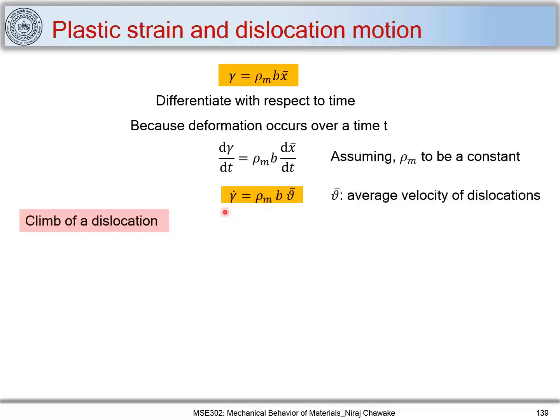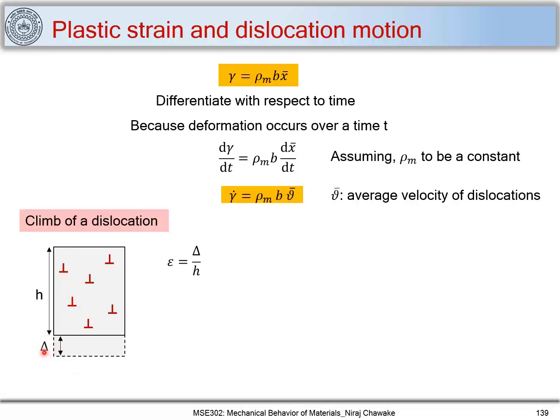Now we have seen this for a glide of dislocation. A similar relation we can develop using a climb of dislocations. So let's consider this crystal with height h having n number of dislocations, and you have a climb strain which is developed as delta. This will be a normal strain, because dislocations will climb up and climb down.